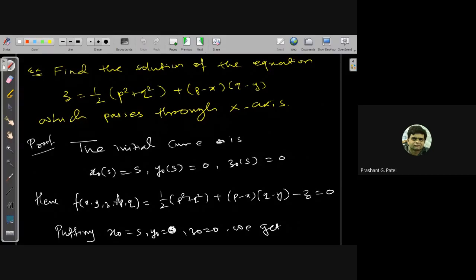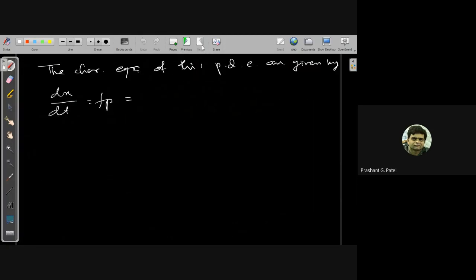Let us write down that function f here, so we don't need to look back every time. It is 1 by 2 p square plus q square plus p minus x into q minus y minus z. This is the function f.